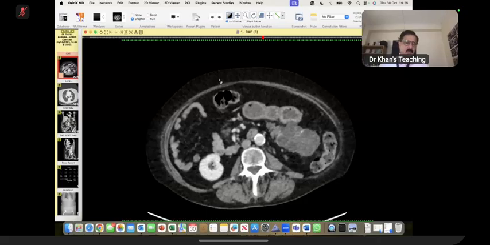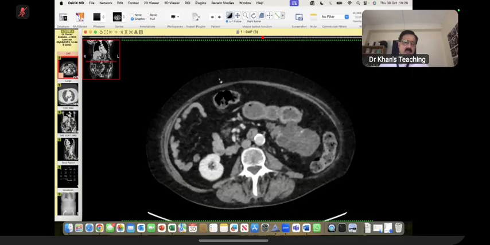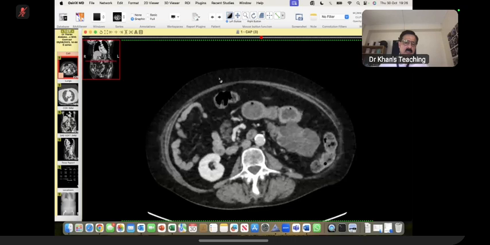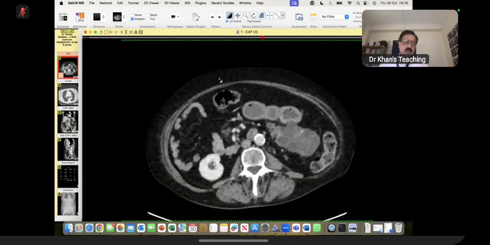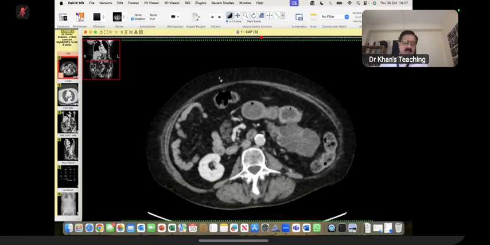Now we say neoplasm: SCN, or MCN, mucinous cyst, or IPMN, intraductal papillary mucinous neoplasm. The point is that in all of the other tumors, there is malignant transformation potential, but in serous cyst, there is none.